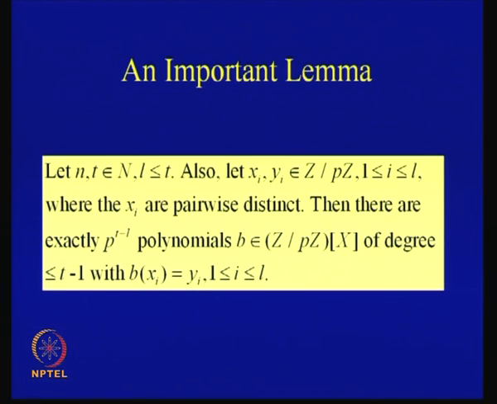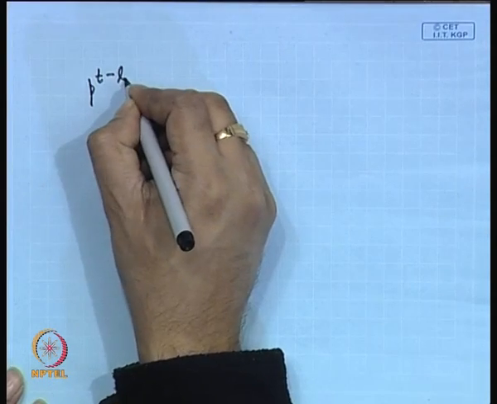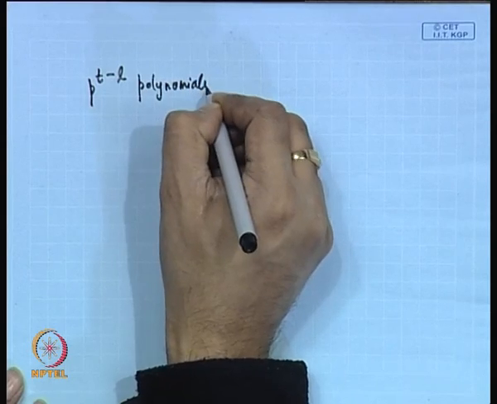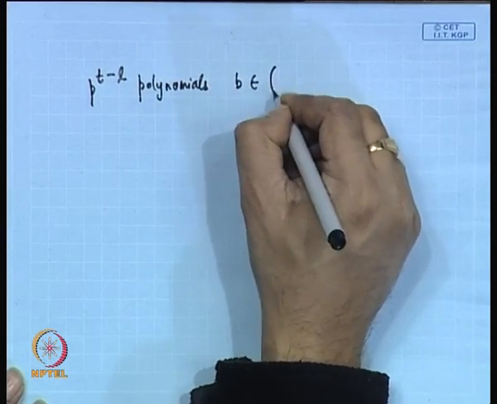Consider that xi and yi are members from 0 to p minus 1, and let 1 be less than or equal to i less than or equal to L, where the xi are pairwise distinct. What the theorem says is that there are exactly p to the power of t minus L polynomials, and the polynomials are given like this.